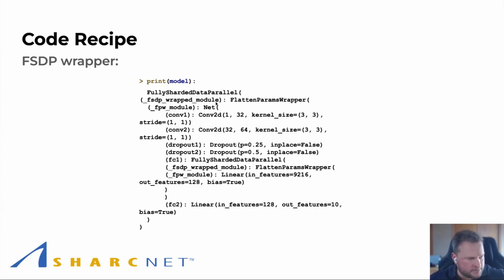We have the greater one that wraps the whole model, and then the first fully connected layer gets wrapped into its own unit. Everything else is bundled into a single FSDP unit, and then this layer is on its own in its own unit.